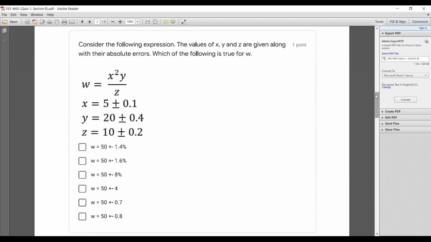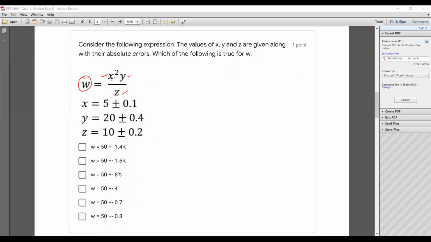Now, this particular problem relates W with respect to X, Y, and Z. If you remember the lecture where the different combinations of errors were discussed, you can see that the variables X, Y, and Z are related through multiplication and division, and X also has an exponent.